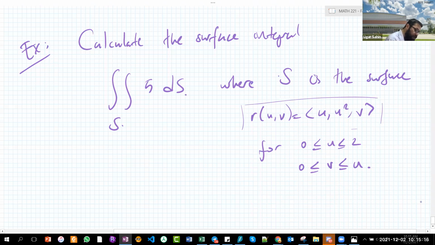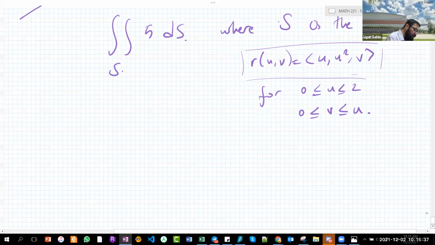But on Tuesday, we saw how to parameterize the surfaces if you are not given any parameterization. We saw the cone, the sphere, the paraboloid and the cylinder. There were some other examples where we found the parameterization for all of those surfaces. But fortunately, we have the parameterization in this example.